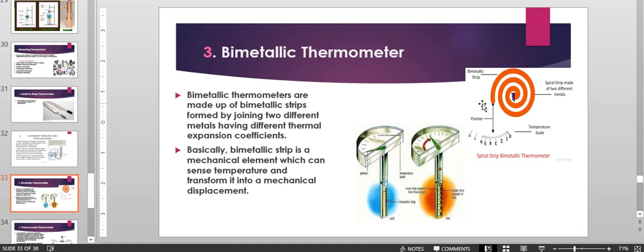So this is basically the construction of this bimetallic thermometer. A coil type bimetallic strip is used, as you can see here as well, and this is the indicator which is showing the difference in the temperature or indicating different types of temperature.